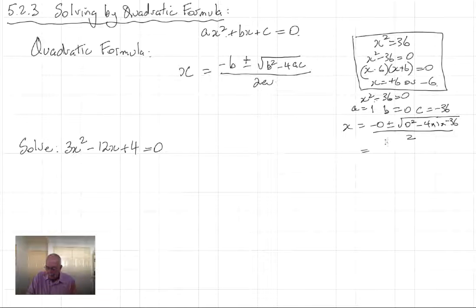Minus 0 is just 0, so we've got plus and minus the square root of 0 minus 4 times 36. You've got negative 4 times negative 36, so negative times negative is a positive, 4 times 36 is 144, all over 2, equals, now square root of 144 is 12, so you've got plus 12 on 2, or minus 12 on 2, and plus 12 on 2 is 6, minus 12 on 2 is negative 6.